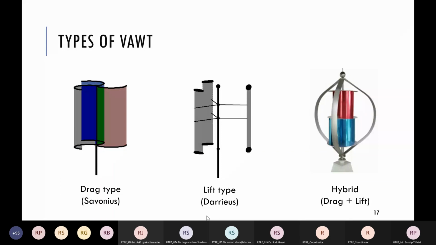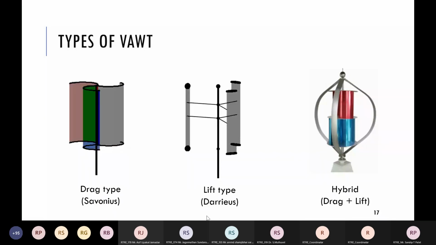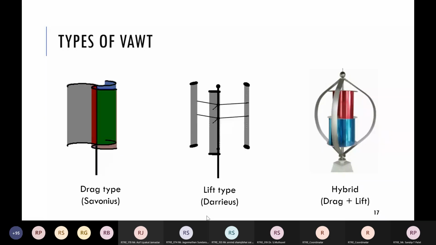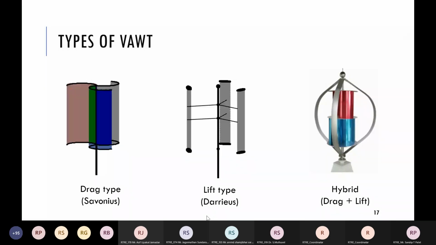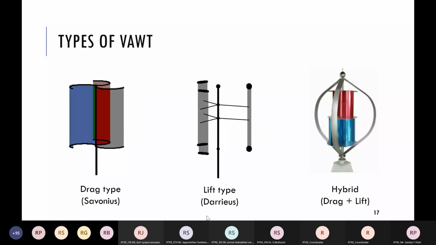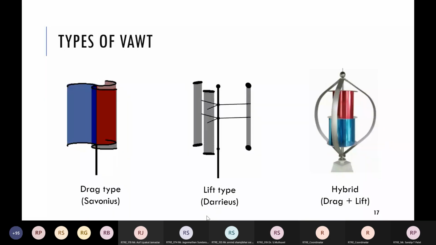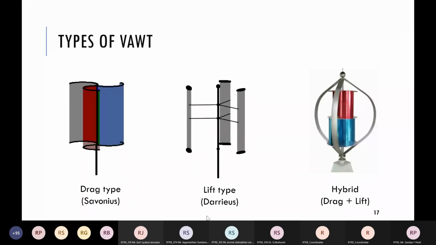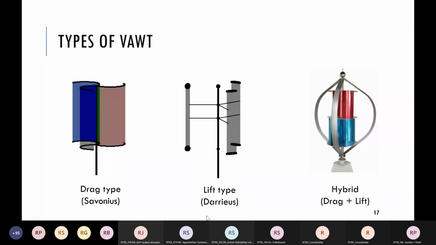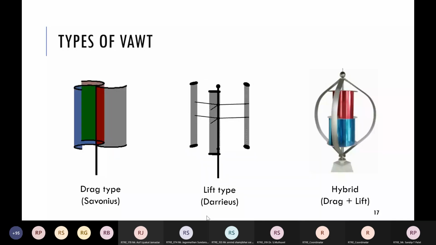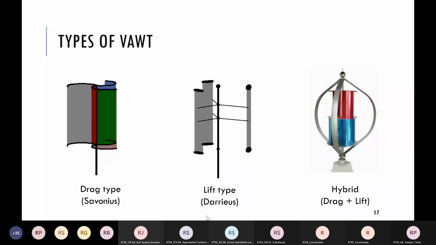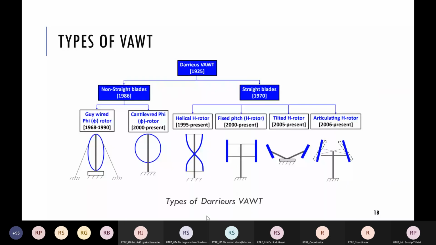Our further discussion will focus on lift type turbines, various lift type turbines including Darrieus, because you can correlate the drag type to the lift type turbine as far as aerodynamics is concerned. Drag type has some limited scope compared to lift type, so I have decided to go with the lift type.